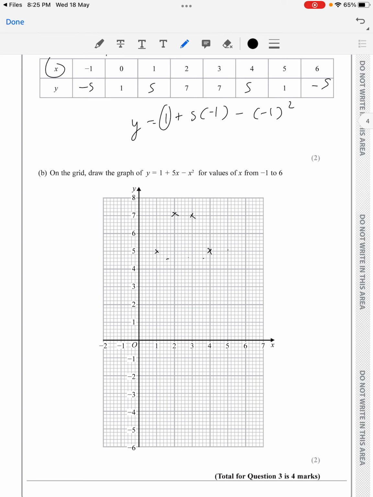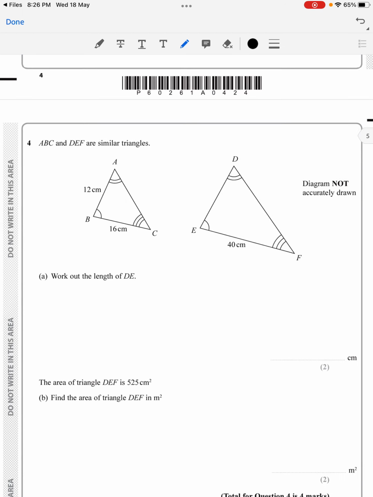Pull out the points. Plot on your paper the exact points, and draw a smooth curved line. Maybe in this form, you have to draw a smooth curved line. In this case, I'm just going to draw a random line, but it should be smooth. It's a pretty important tip.